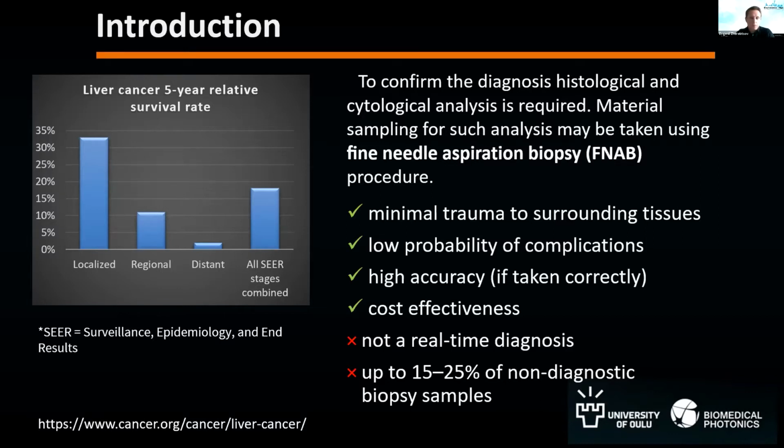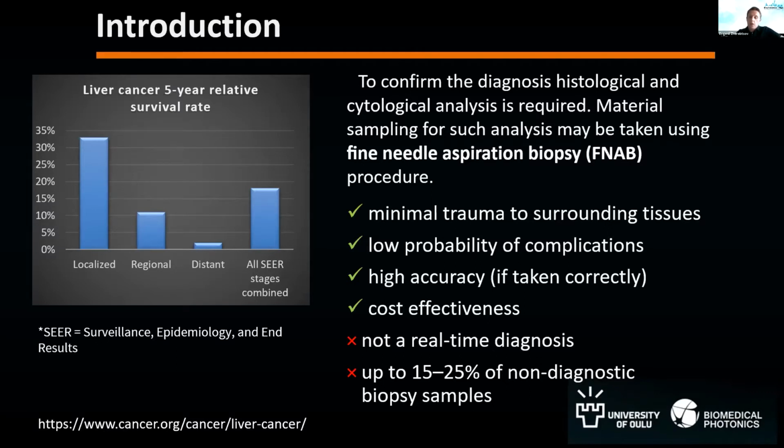Usually, during the diagnosis, it's important to do a biopsy, and one of the options can be fine needle aspiration biopsy. This technology has some positive features like minimal trauma, low probability of complications, and if the sample is taken correctly, it can provide you with high accuracy.